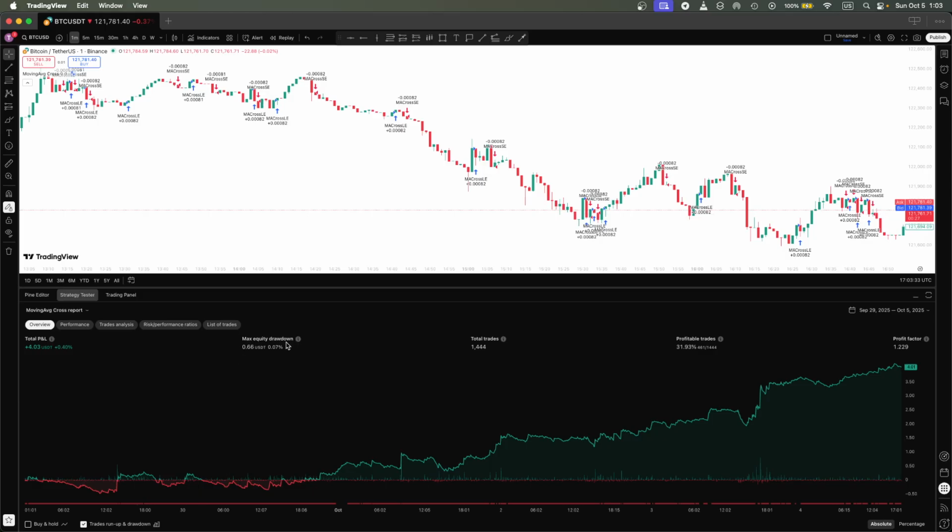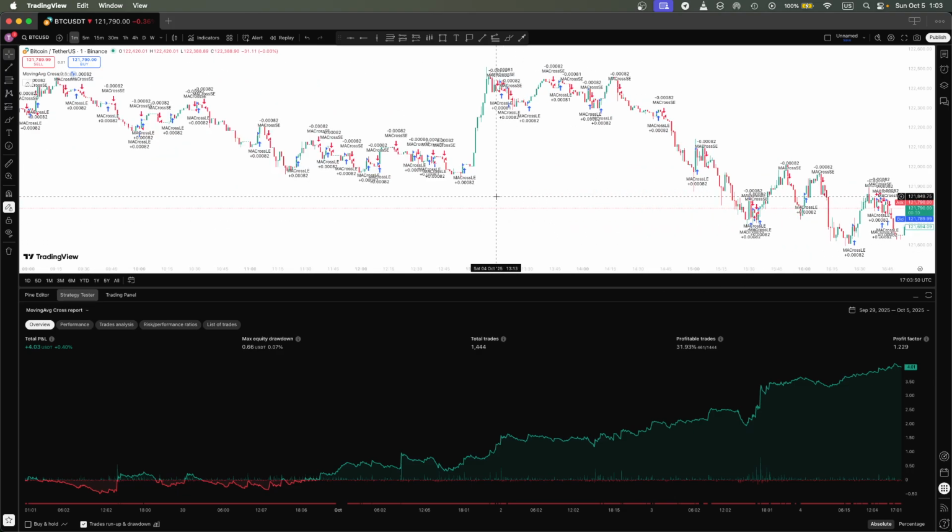Max equity drawdown is basically how much maximum risk the strategy took, and what was the lowest it has been. This is actually very low because it's not taking a very big position size, and it's not floating in the loss a lot. So it's either cutting it short very quickly or letting it go into profit.